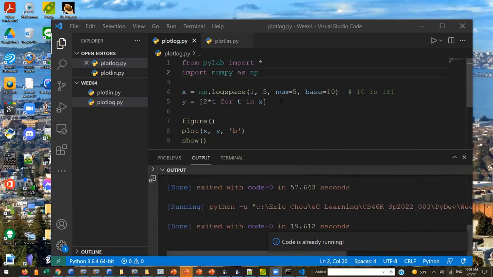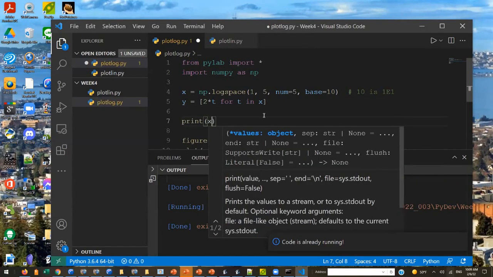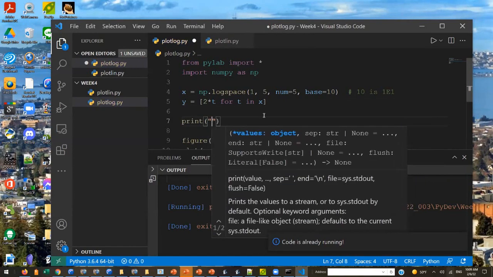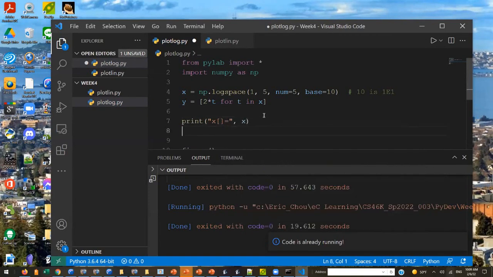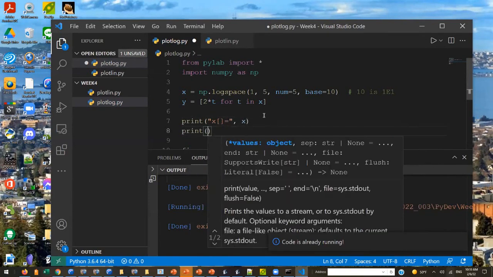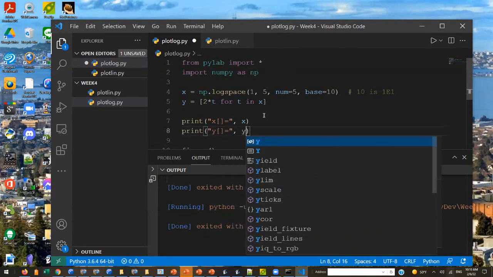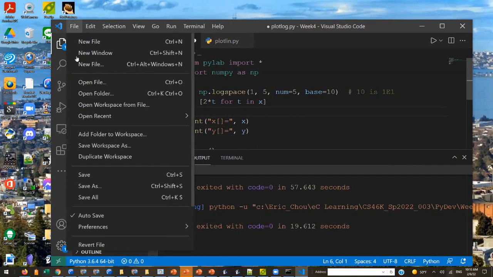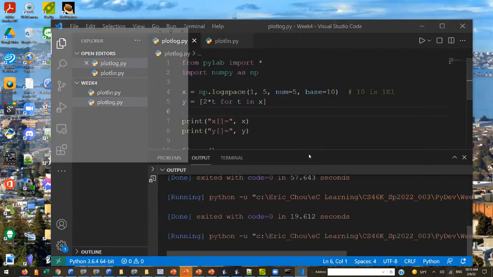Before we plot, let's print my X sequence equals X, and my Y sequence equals Y. Y is double of X, so it should be okay.